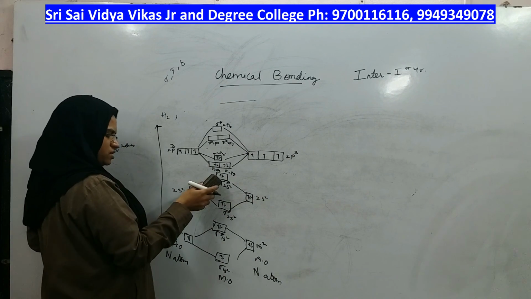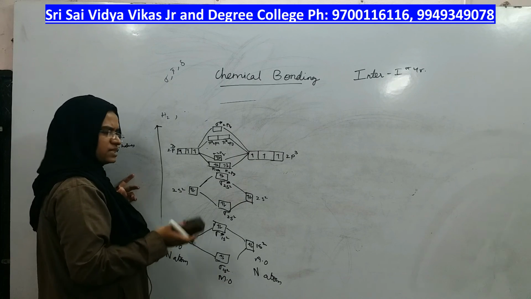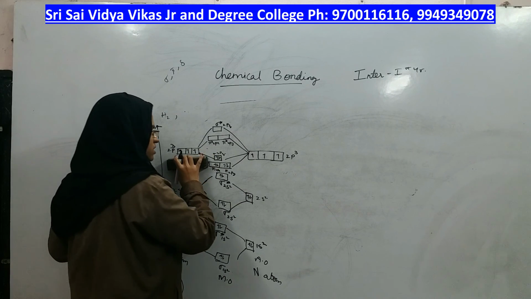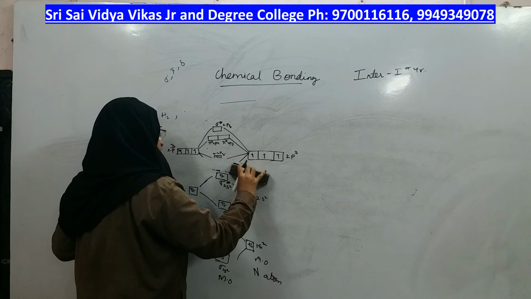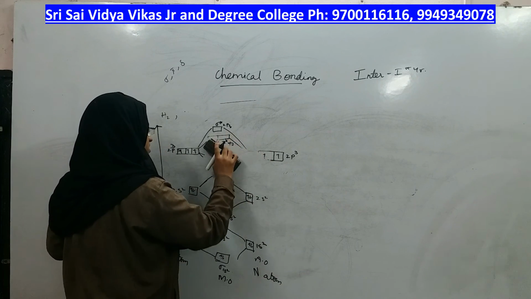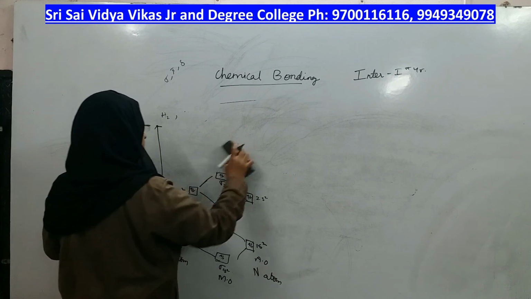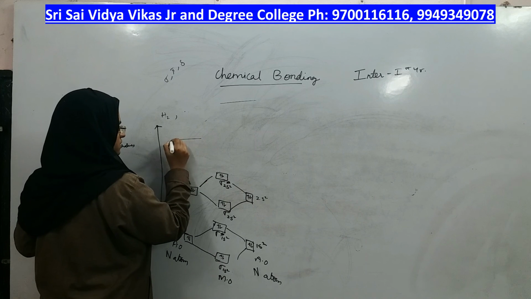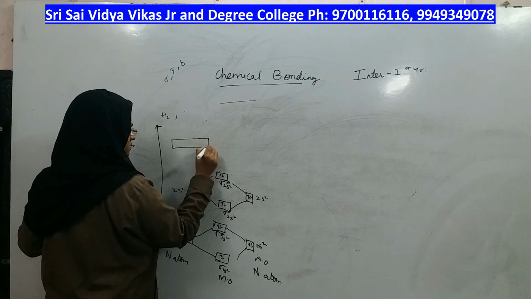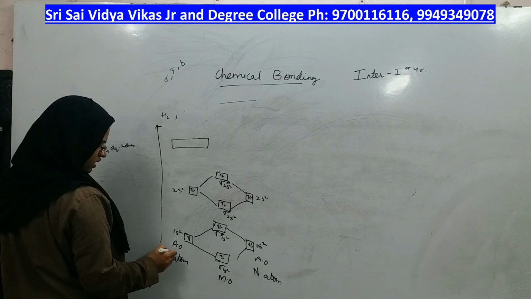Right? So the 1s2 and 2s2 remain obviously the same, so I won't do anything to them. What I will do is, only for this I will make the changes. Let us draw that even more neatly. So which atom we are talking about? Oxygen atom.